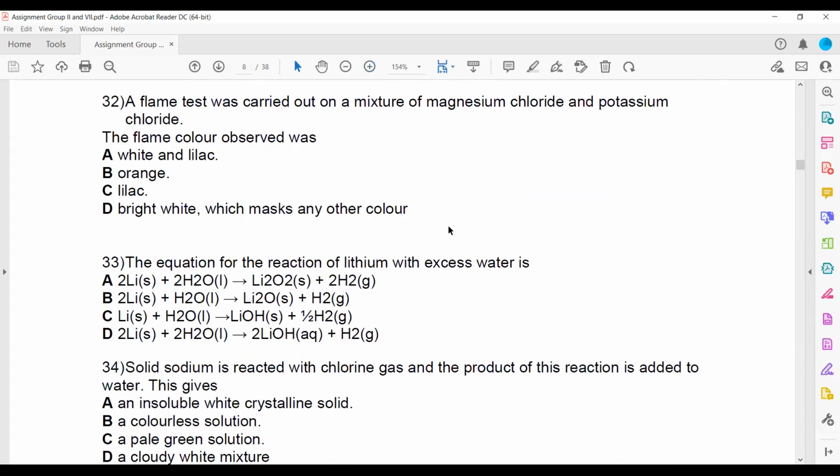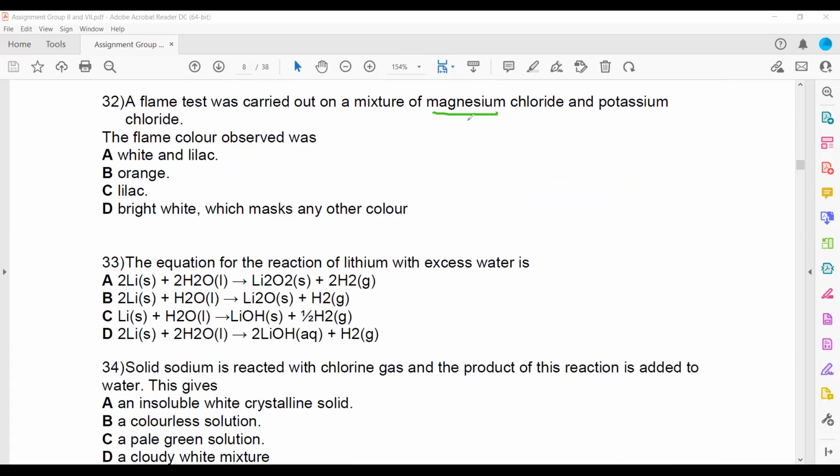In question 32, a flame test is carried out on a mixture of magnesium chloride and potassium chloride. The flame colors observed were, in the case of magnesium, it is giving out energy, but that energy is not in the visible range, so there is no specific color we see.